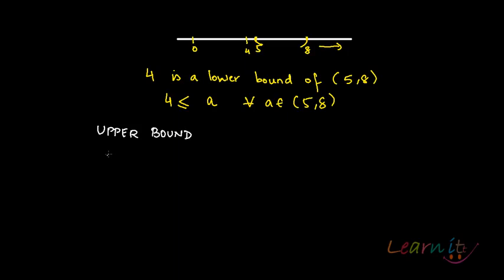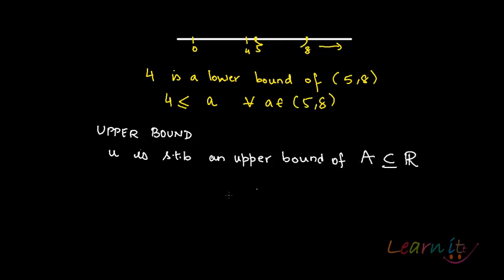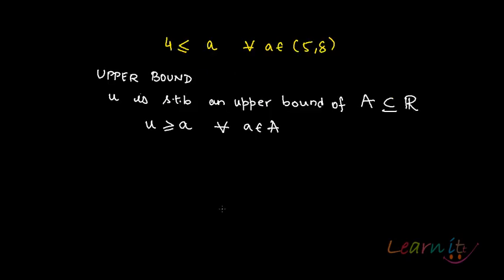Now, upper bound for any set: U is said to be an upper bound of any real set A when we have that U is greater than or equal to a for all a belonging to this set A.